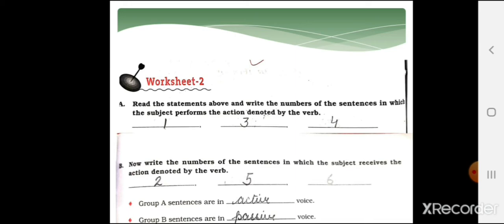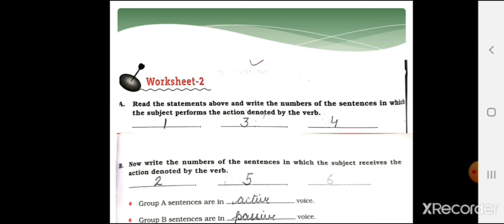And now beta, part B. Write the numbers of the sentences in which the subject receives the action denoted by the verb, means passive voice. Here, students, sentence number 2, 5 and 6: second sentence, fifth one and sixth one.